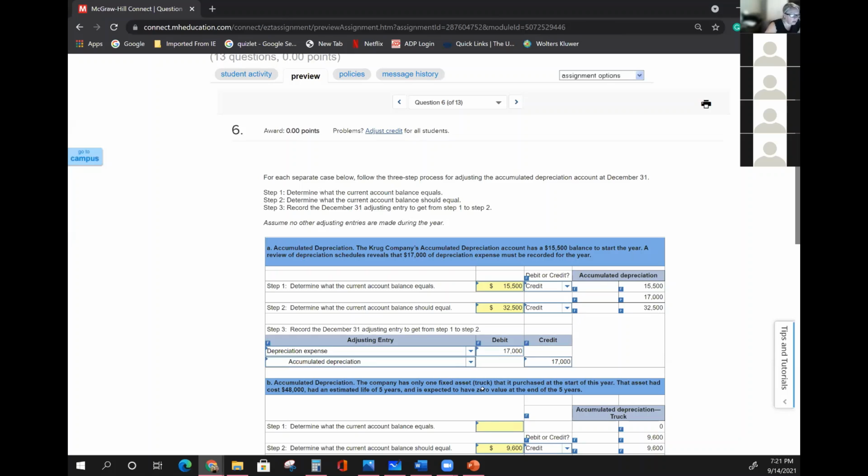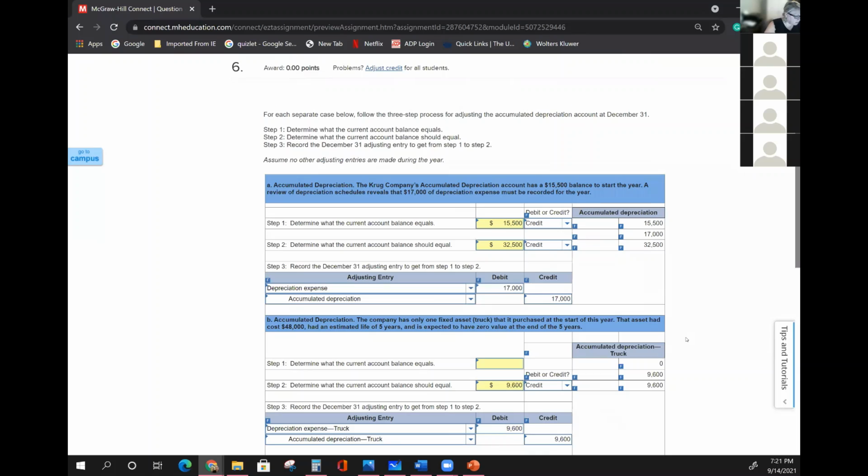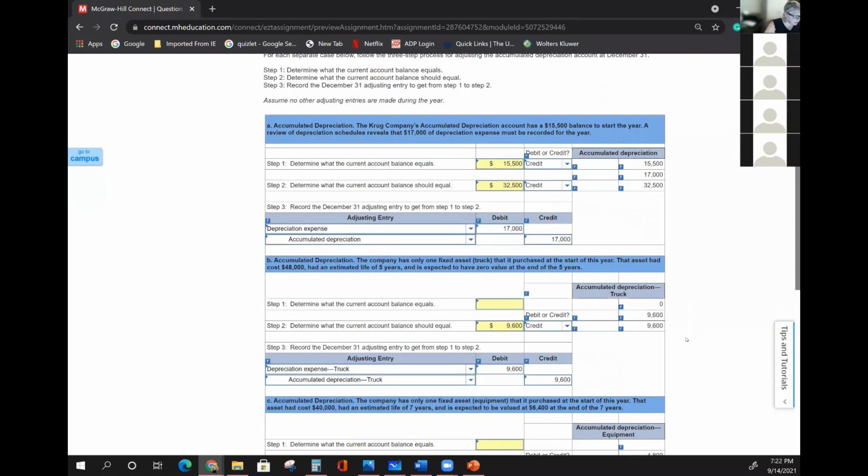And my offset is accumulated depreciation. That's my credit for 17,000. So if I have a balance of 15,500 as a credit, and then I just did an adjustment for accumulated depreciation, a credit for 17,000, they're both on the credit side. So I know I have to add them together. Does that make sense? Hopefully that makes sense.